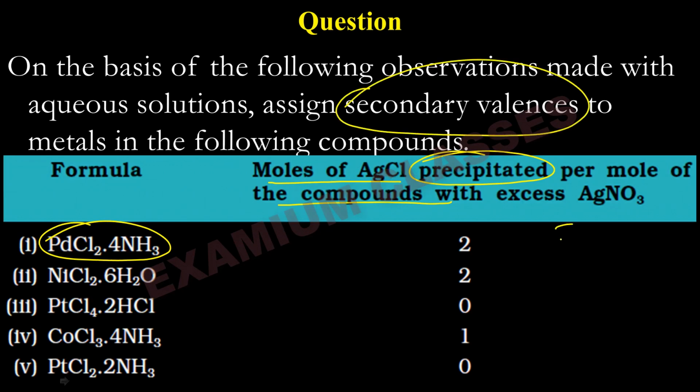So tell me, what should be the secondary valence in the first case if 2 moles of AgCl are precipitated? Write your answer. Don't tell me, because if you say it, others will listen to you. Write in the chat box, everyone. What should be the secondary valence if 2 moles are precipitated?